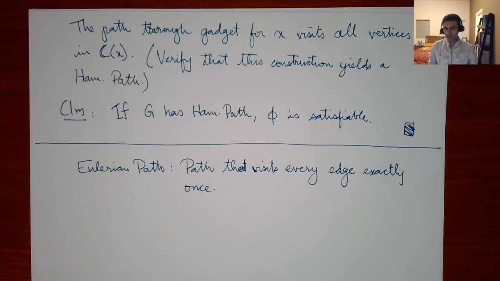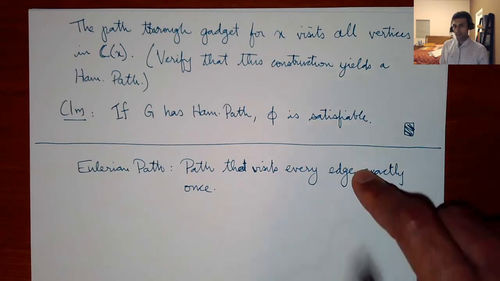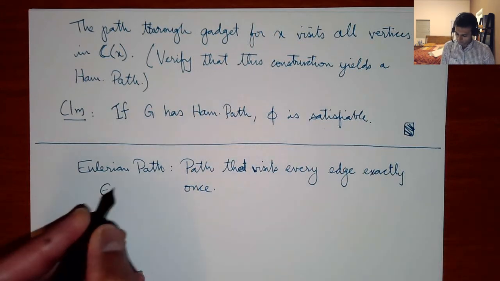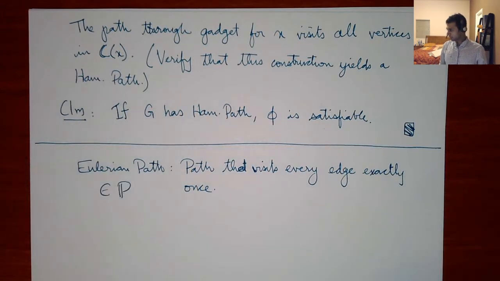A Hamiltonian path visits every vertex. An Eulerian path visits every edge. And again, remarkably, this problem is in P. It's actually an exercise from CLRS, like a 101 exercise. You can do it basically with some DFS. So visiting every edge is in P, but visiting every vertex is NP-complete.